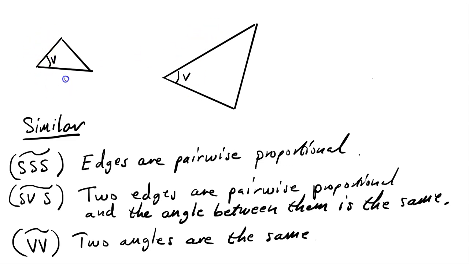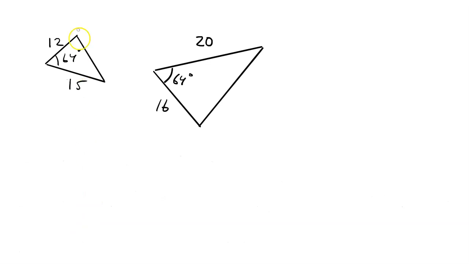So let's take these two angles here. Let's say that this one is equal to that one, and that is equal to that one. Then we know that these two are similar, because they are satisfying the third condition. So it's enough for one of these to be satisfied, then we know that these two triangles are similar.